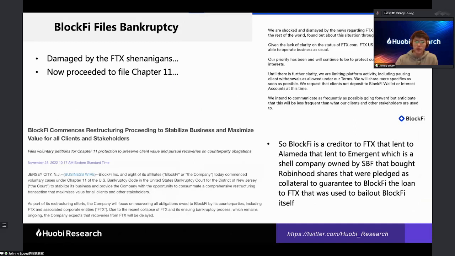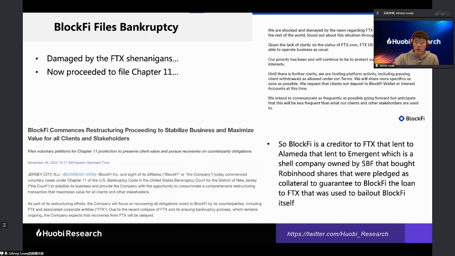Then 3AC blew up, and BlockFi liquidated 3AC's positions, but they did not disclose whether the liquidation was done at a loss or if it went fine. We don't know, but it's reasonable to think that BlockFi was insolvent.